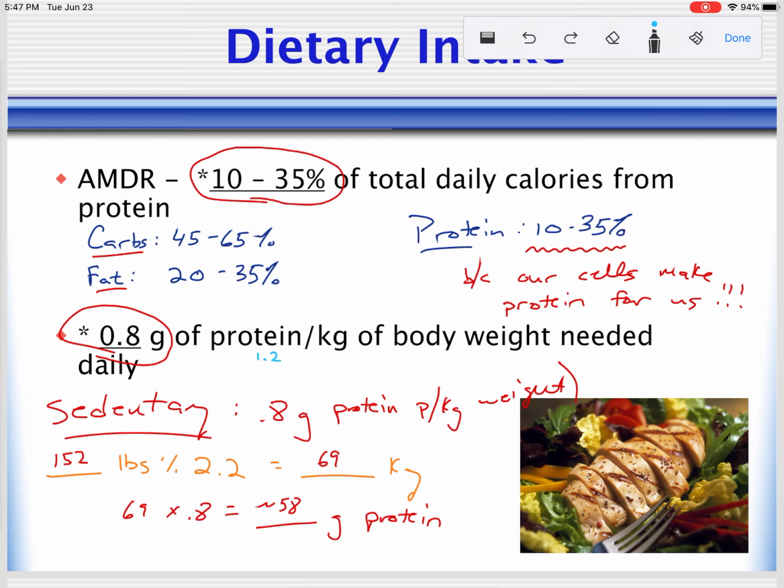A really high-level weightlifter, it might be as high as 1.7 grams of protein per kilogram of body weight. The highest I would ever recommend someone, even the most Olympic level weightlifter, would be about 2 grams of protein per kilogram of body weight. So of course, athletes do need a little bit more protein, but I'm not going to ask you those numbers for now.